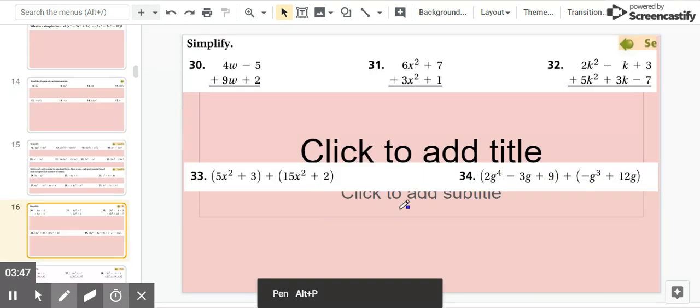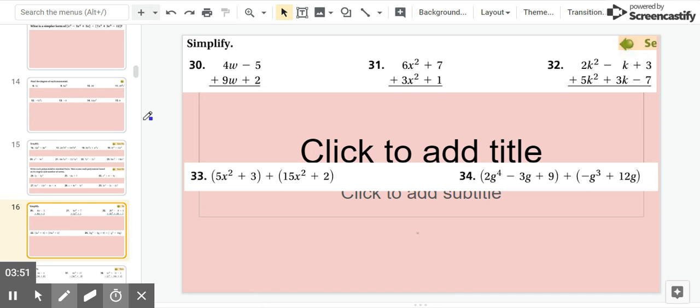All right, now we're going to practice how to add polynomials, but I know you guys are experts in combining like terms, so I think we have no problem here. So let's look at 30. Now you add like terms, 4w and 9w. You can do the vertical way like this. You can also do the horizontal way like this. So it's going to be 13w.